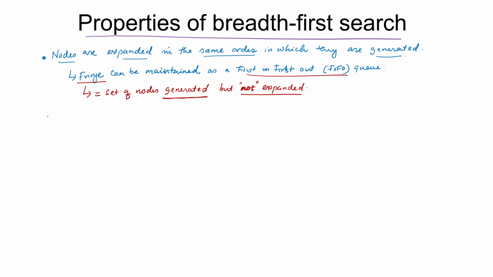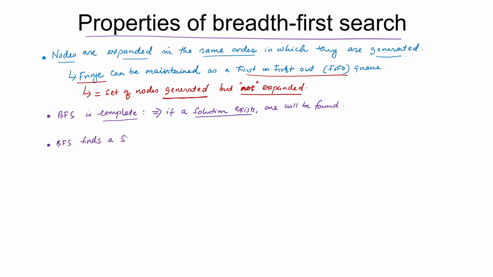Now, second one is breadth first search, BFS, is complete. Okay. This implies that if a solution exists, one will be found. So, if there is a solution existing for the problem, then it will be found, that is called complete. Okay. Then BFS, the breadth first search, finds a shallowest solution.